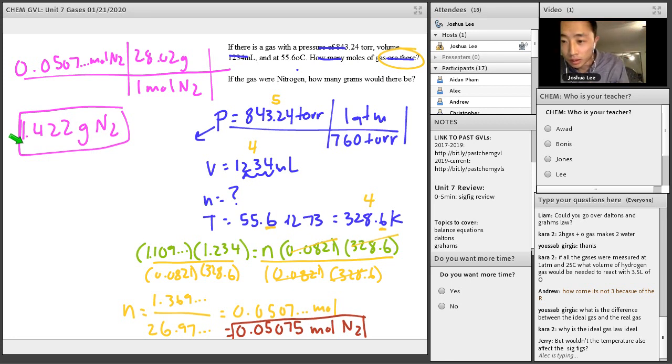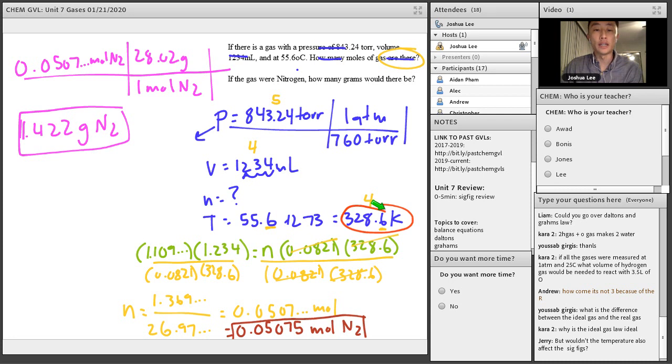If say, how come it's not 3? What's the difference between ideal gas and real gas? Why is the ideal gas law ideal? Why wouldn't the temperatures also affect the sig figs? Temperature did, but remember, when we did the math, we didn't use Celsius. We used Kelvin right here.